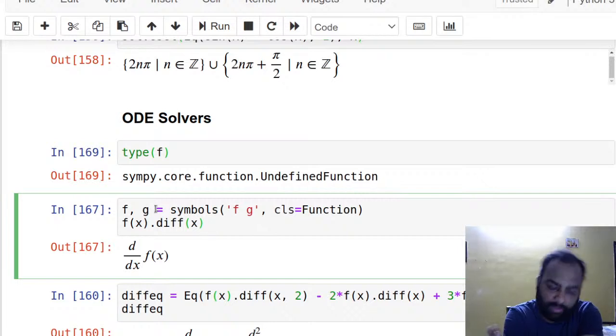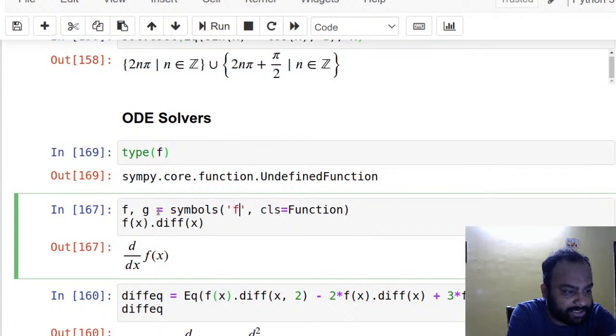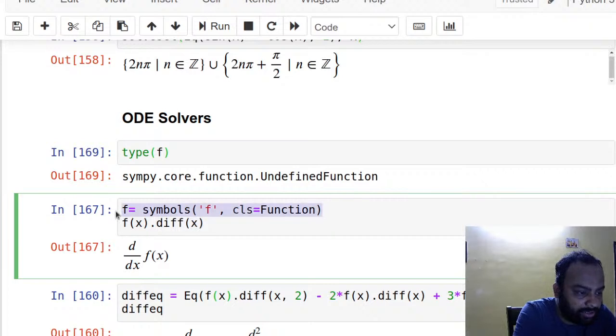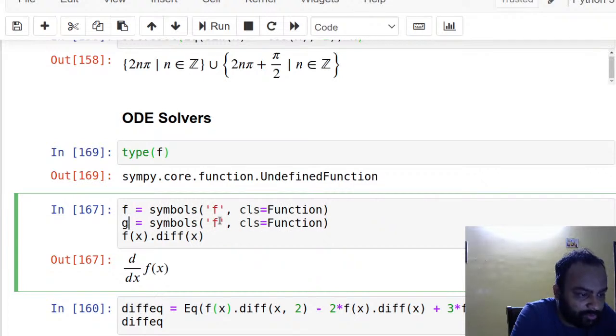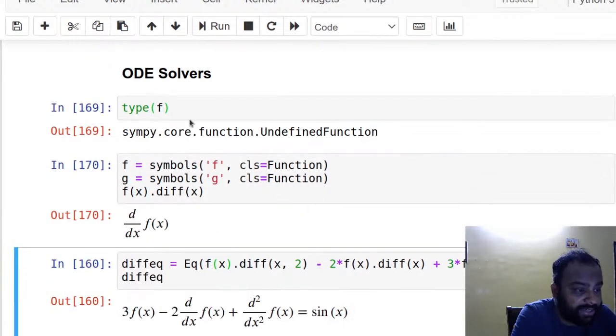Got it? So on f and g, again, this is a very crude syntax. You can just say f like that, and you can write another one and define g as a symbol. For example, that would also be fine. So f and g are functions like that.